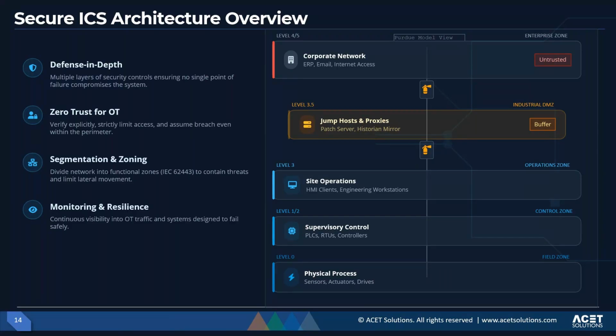Zero trust principles reinforce this protection by requiring strict authentication and authorization for every connection. For instance, a maintenance laptop must be authorized through multi-factor authentication before accessing a PLC programming interface.